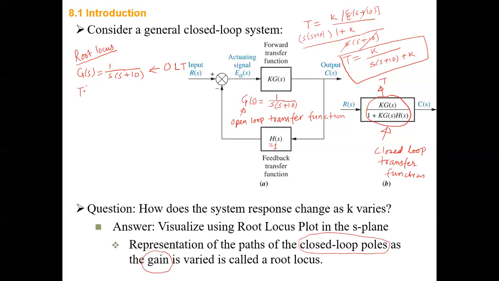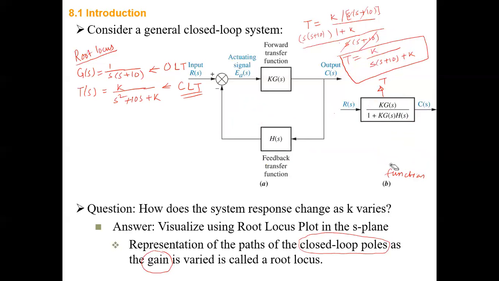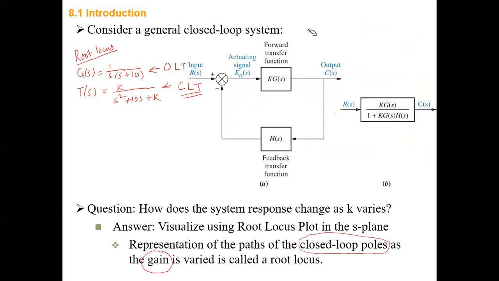And T(s) equals K over, can I rewrite this as S squared plus 10S plus K. This is called the closed loop transfer function, assuming H equals 1, right? This is a special case to make our life easy, because you want to start with a simple problem.